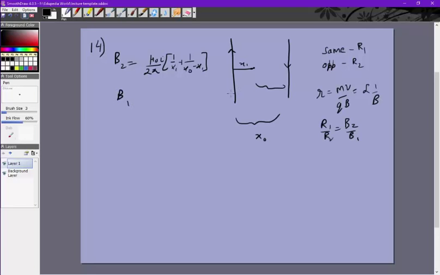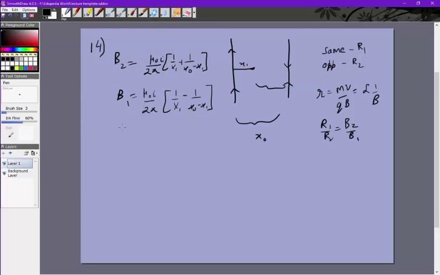And B1, when they are in the same direction, the current will be opposite here, so it will be mu naught I by 2 pi, 1 by x1 minus 1 by x0 minus x1. Right, and we don't actually need to worry about the sign because radius depends on magnitude, but even if we did, you could look at x0 by x1 and see that this is the positive term.